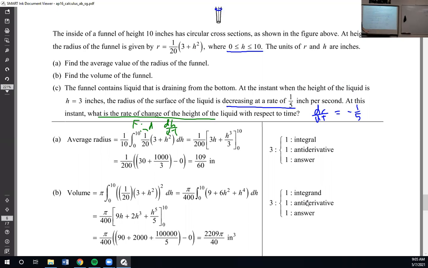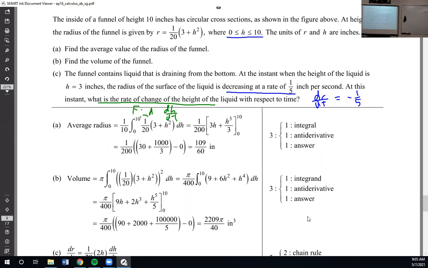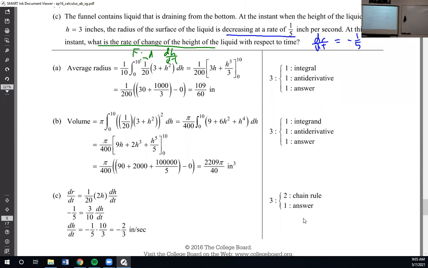So we're going to use that function for R that's out in front of us and plug in those values. We're going to plug in 3 for h. We're going to plug in the -1/5 for dr dt and solve for dh dt.